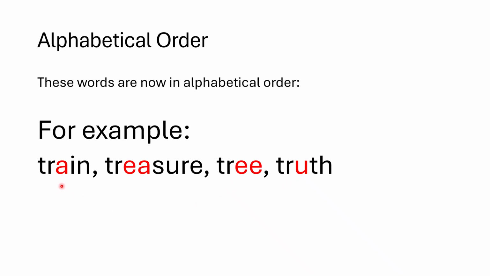By looking at the third letter, we can see that A comes first, E comes next, and U comes last. Because treasure and tree have the same third letter, we can see that the fourth letter is A, which comes first, and the fourth letter in tree is E, which comes next.